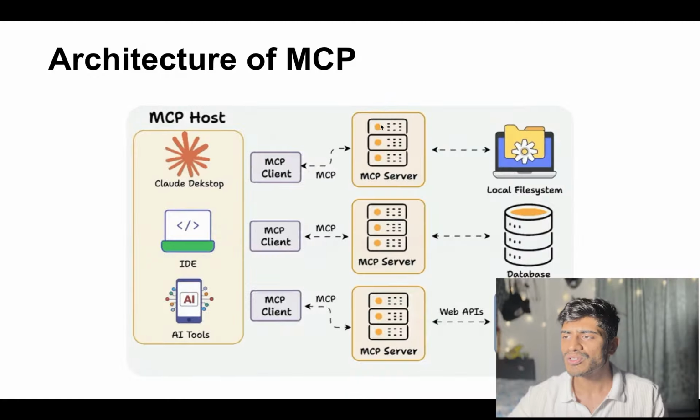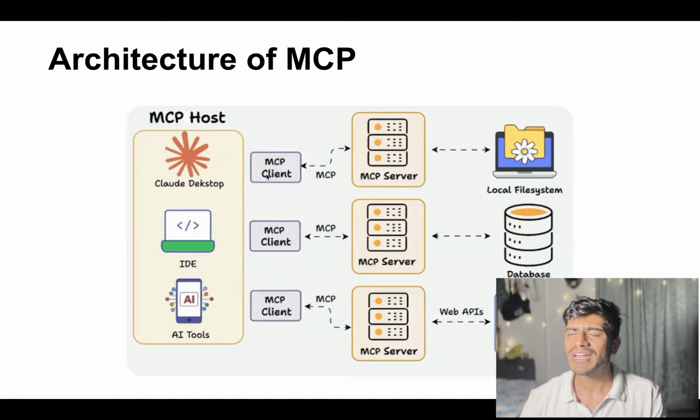Your MCP client is going to reside inside your MCP host, and most of the time, if you're using any of these MCP hosts, the client is available by default, so you don't have to write the client by yourself. But if you're building a custom application where you are not leveraging Claude or your IDEs or any AI tool, then you are going to write your own implementation that talks to MCP servers, and then MCP servers connect to the downstream systems.